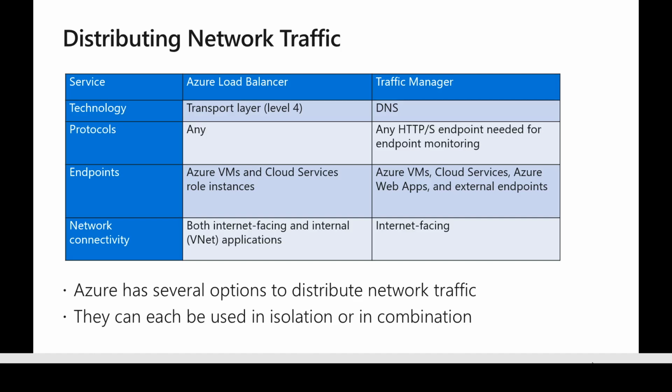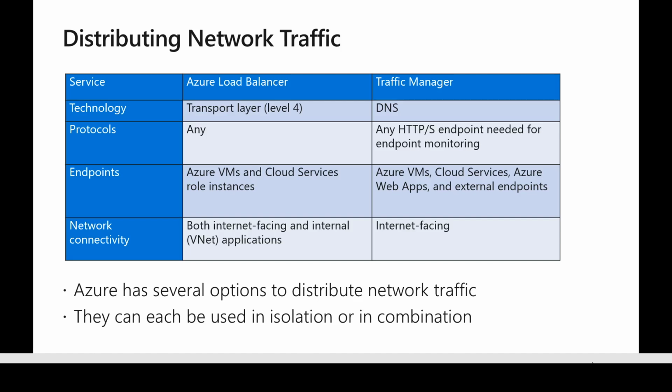And Traffic Manager supports almost any endpoints, either it can be cloud, on-prem, or any other cloud provider as well, whereas Azure Load Balancer supports only the Azure based endpoints like VM, cloud services, etc. And we can configure Azure Load Balancer as internal and external load balancer, whereas Traffic Manager is always external internet facing.